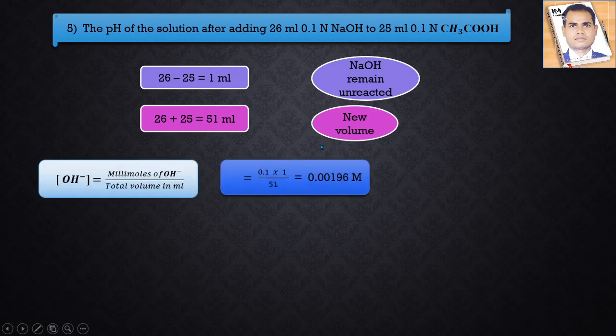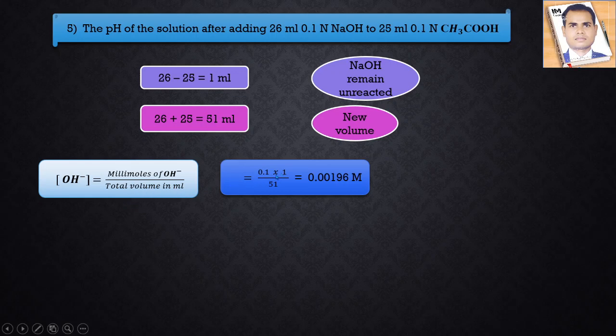And what will happen here? 1 ml is extra from the NaOH, which means OH minus ions are extra in this solution. So first of all we have to calculate the concentration of OH minus ions: millimoles of OH minus ions divided by the total volume in ml.